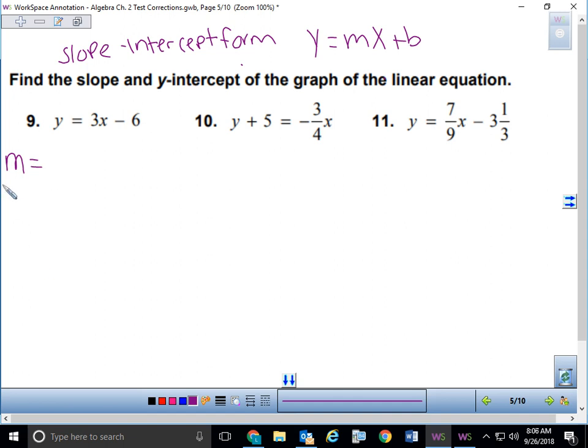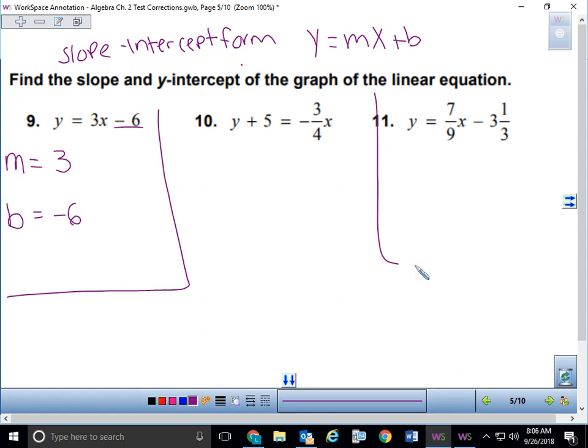So question 9, I'm going to identify my slope. My slope, or m, is in front of my x, which is +3. My b, or my y-intercept, is after my x, which is -6. No work to be done there. 10, however, it's not in slope-intercept form, but it's pretty close. I could definitely get it there. You cannot just say the y-intercept is +5.